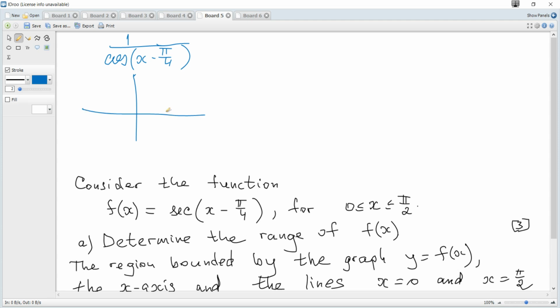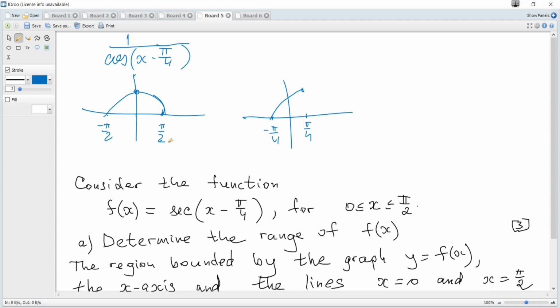So the usual cosine has points (0, 1), (π/2, 0), (-π/2, 0), and now it becomes (-π/4, 0), (π/4, 1).